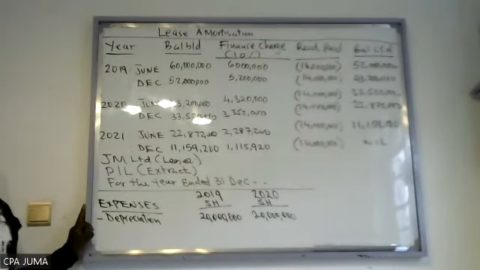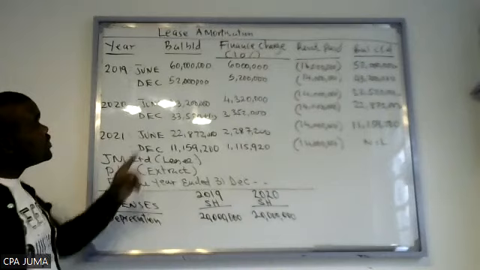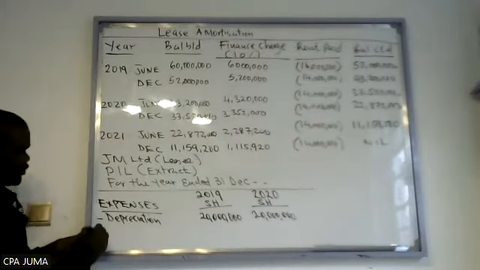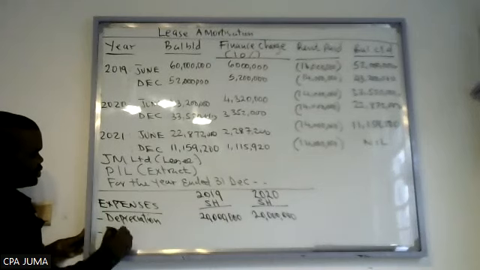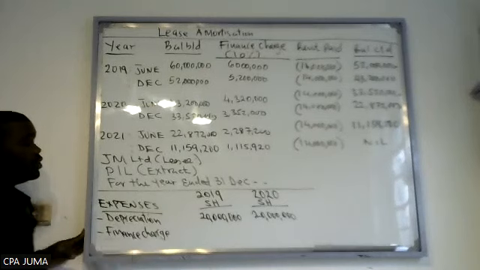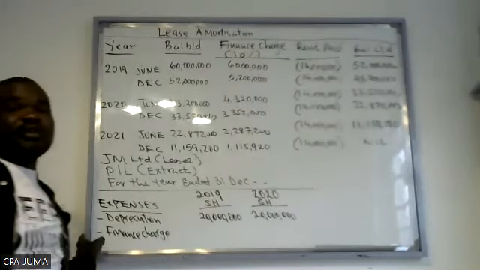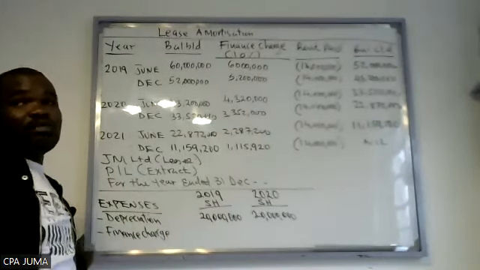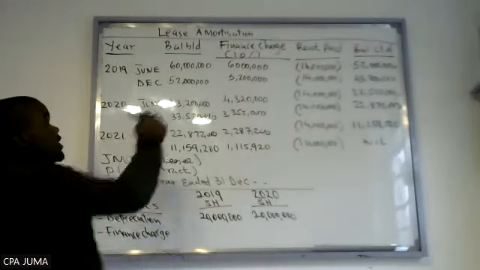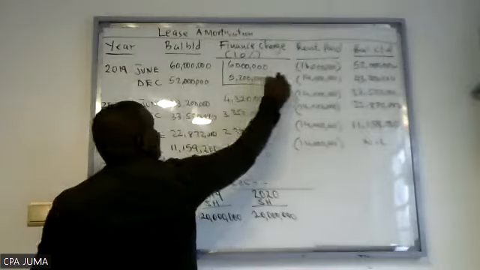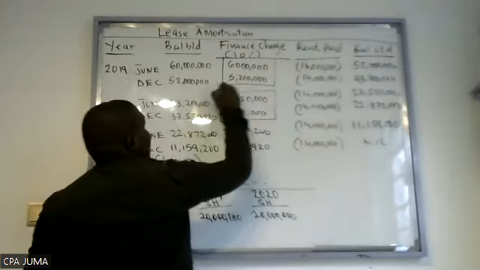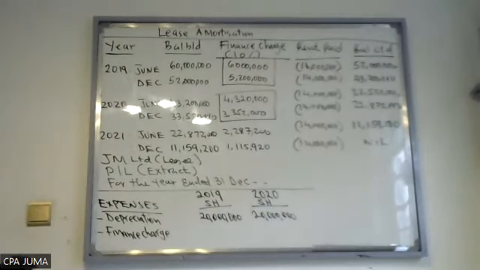Then another big expense to the lessee is this one here, the interest, the finance charge. So finance charge, you know, they were being charged interest after 6 months, but the books that we are preparing are on an annual basis. So 2019, you add these two. 2020, you also add those two, like that.